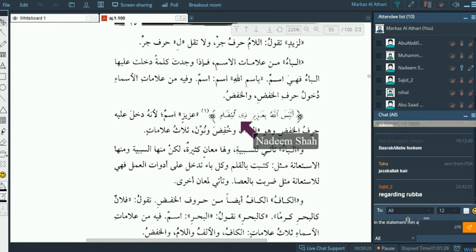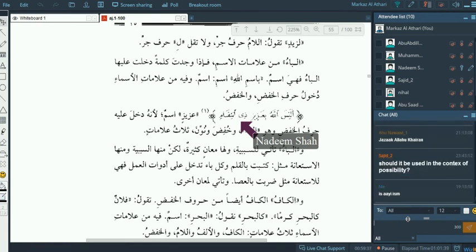Let me just pull out my small dictionary here, see if I can get you a translation for it. I think the translation may differ according to its place in the sentence.